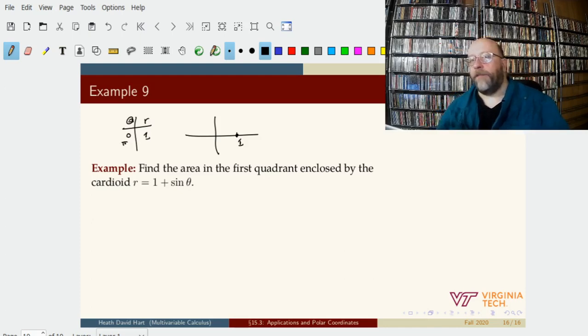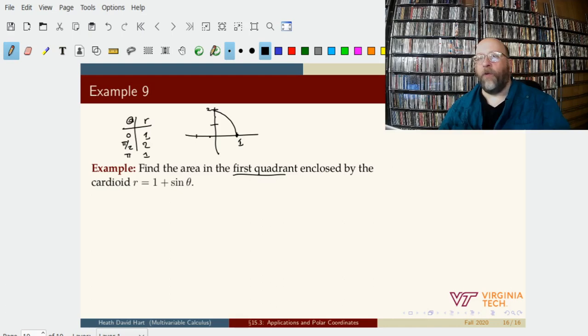When theta is pi over 2, the radius is 1 plus sine of pi over 2, which is 2. That's actually 2 units up here. And since the question is asking about the first quadrant, this is really all we need. But I'm going to keep going for a moment. When theta is pi, the radius is 1 again. 1 plus sine of pi is 1 plus 0, which is 1.